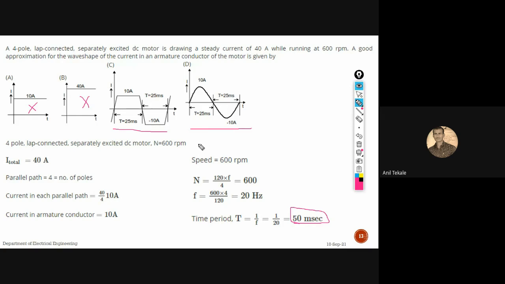Now you tell me what will be the answer, and in which manner we can see this current flowing in the armature conductor. What will be the wave shape?